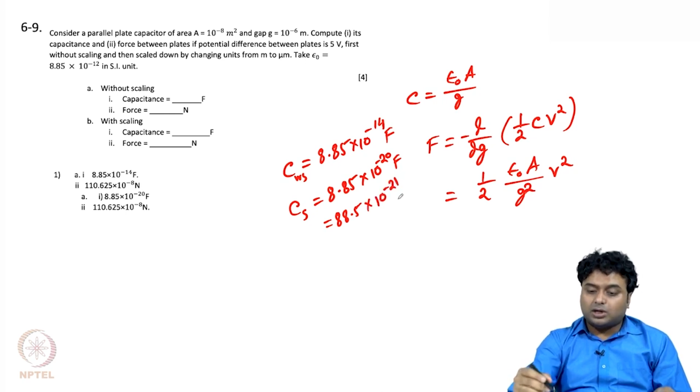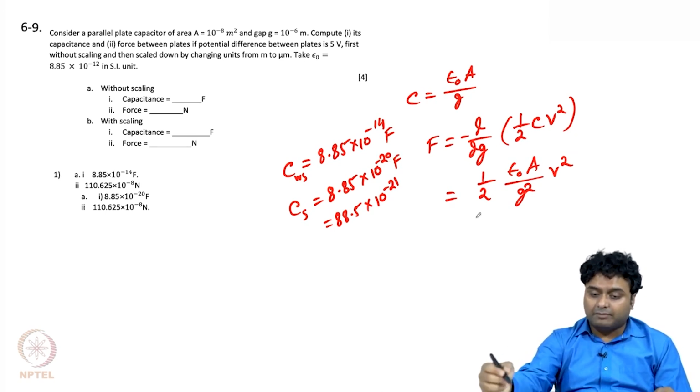So the point here is once you calculate without scaling, you don't need to calculate again for the scaling, because you know that you are changing just from meter to micrometer, and for that there will be an extra 10 to the power minus 6 at the numerator. So that is why it becomes just 10 to the power minus 20.